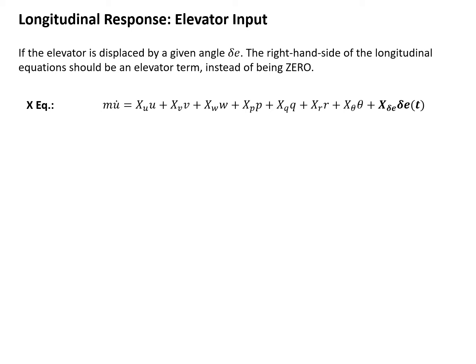For example, the x force equation can be written this way, and you can see on the right-hand side we have delta E, which is the elevator movement. There are 3 aerodynamic derivatives which are quite small and can be neglected when we discuss the x-force equation, so those 3 terms can be eliminated.